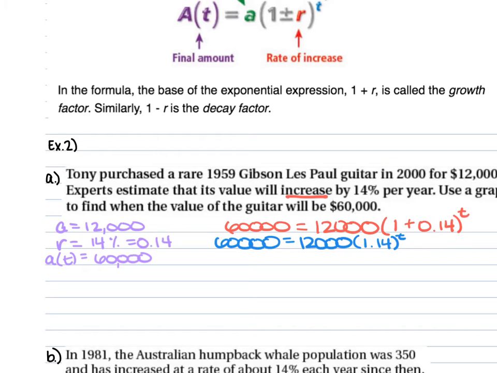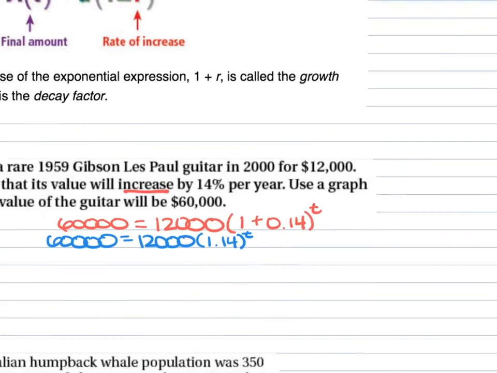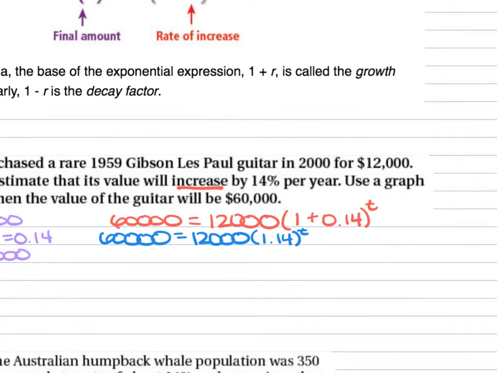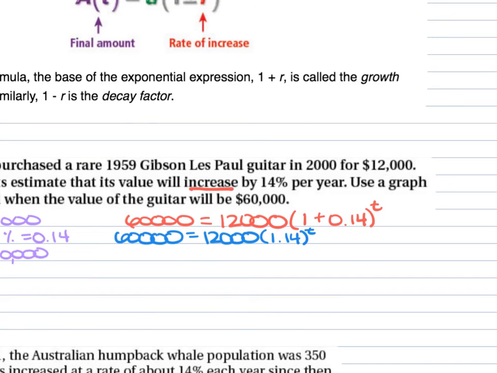So with these, what I like to do is start with 5. Plug the 5 in for t, see what you get. If I don't get a number that I'm looking for, I'm going to go up or go down from there, depending on if I have an increase or a decrease. So the first one we're going to do, I'm going to try 5.